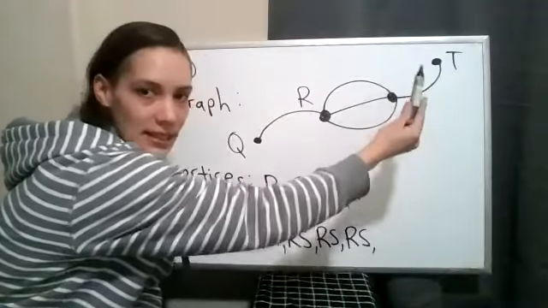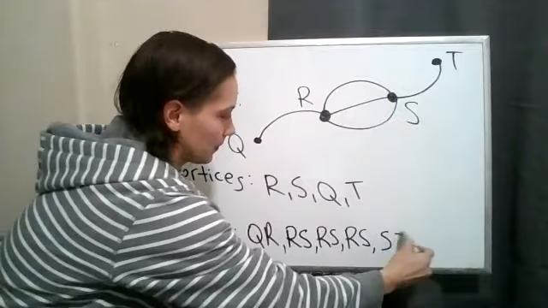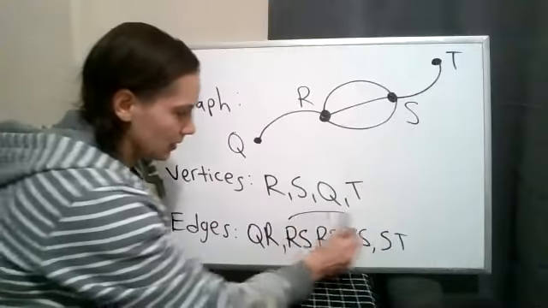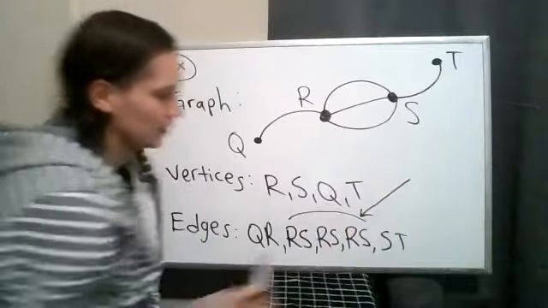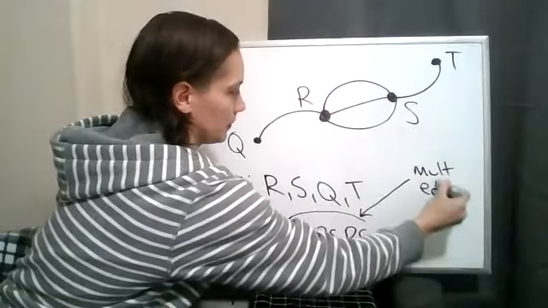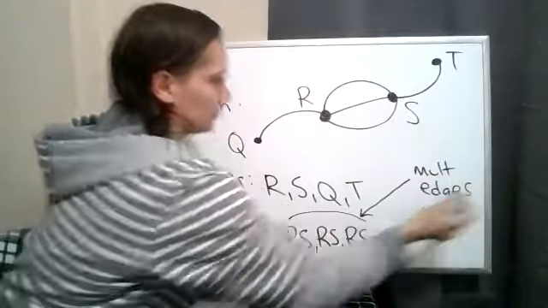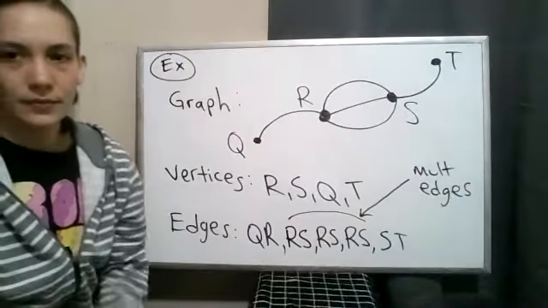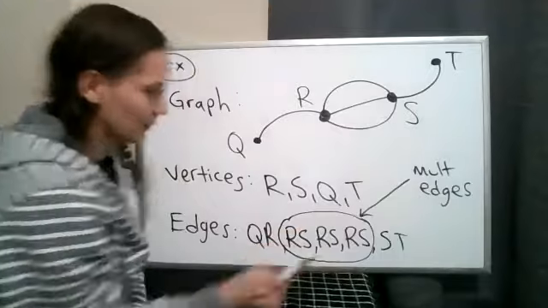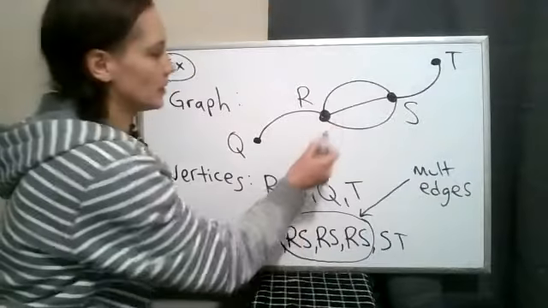And then go ST. So it's this part here. Those are my multiple edges.